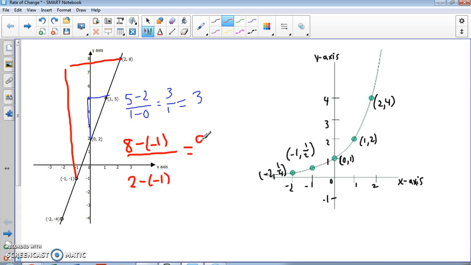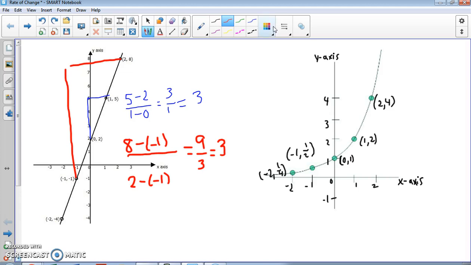We're going to get 9 over 3. We'll notice that we get a slope of 3. So between any two points on a line, we're going to get the same slope, so we get the same rate of change.